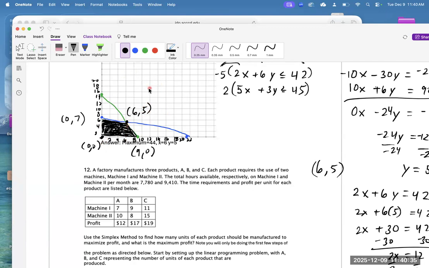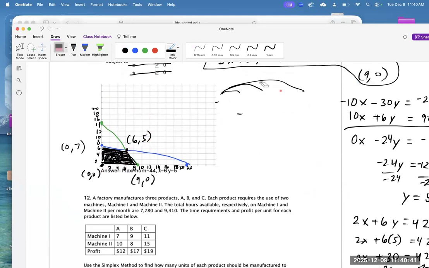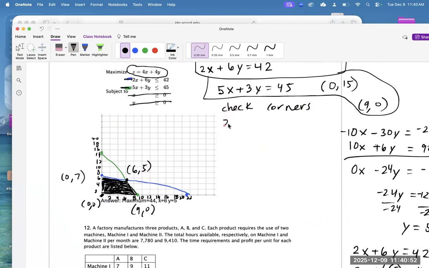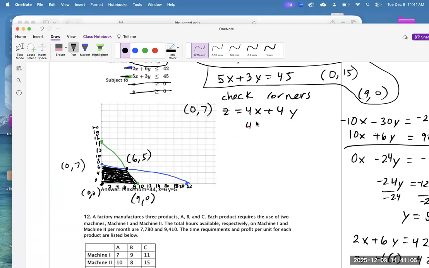Now that we found that intersection, we can check to see if it happens to be a maximum. I write down the equation I'm trying to maximize, and I test the point 0, 7 and see what value it gives me. If I plug in 0 for x and 7 for y, this equation gives me z equals 28.